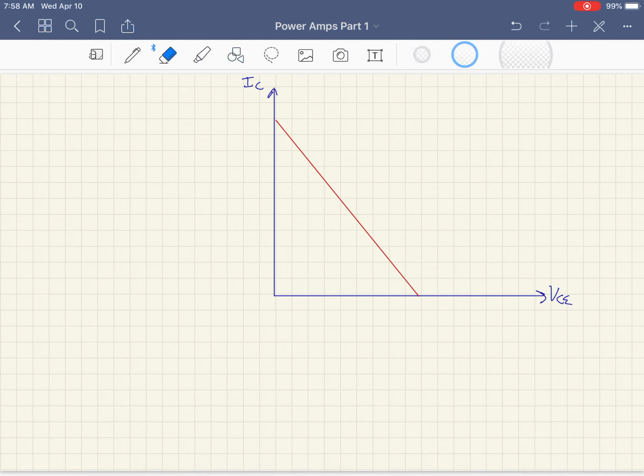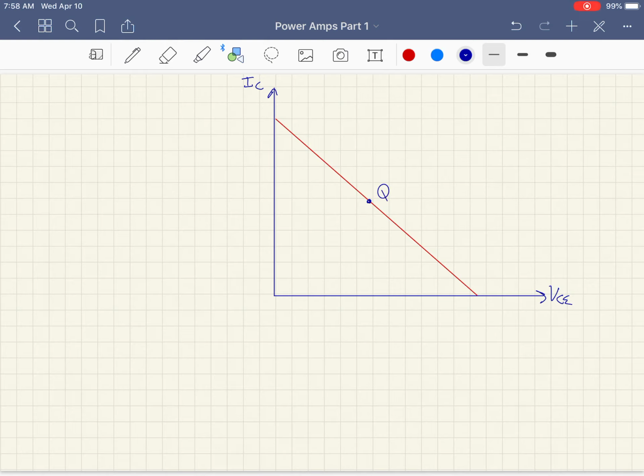I'm going to erase that and redraw it. Let's see if I can do a little better job drawing this thing. That's probably a little better. All right, so we're going to put our Q point right in the middle, just like we had on the previous slide.